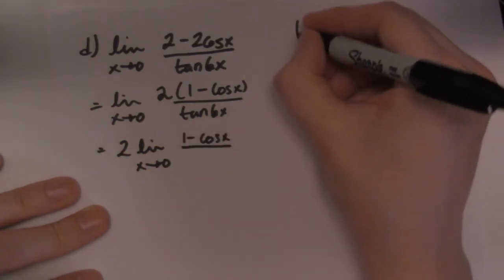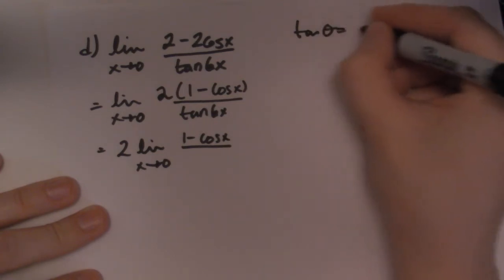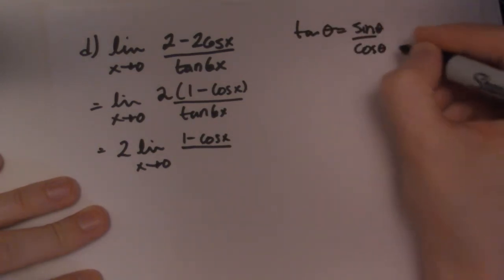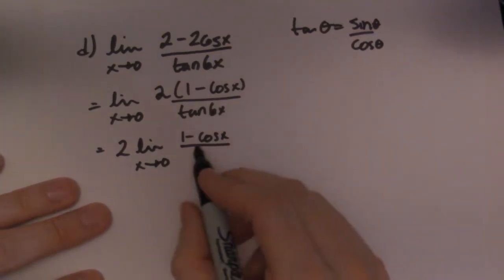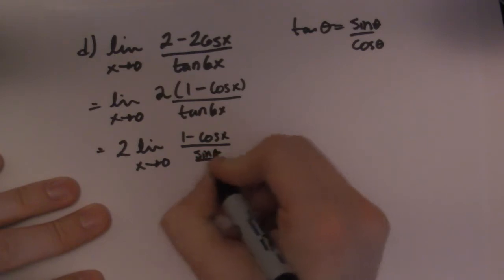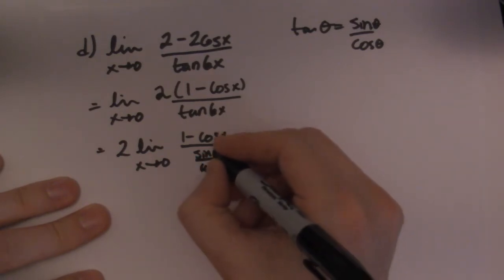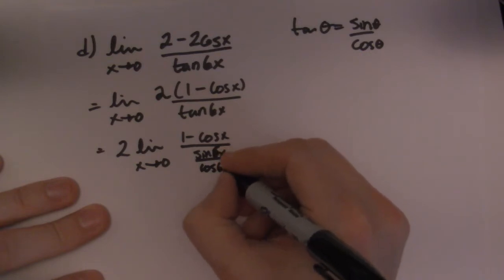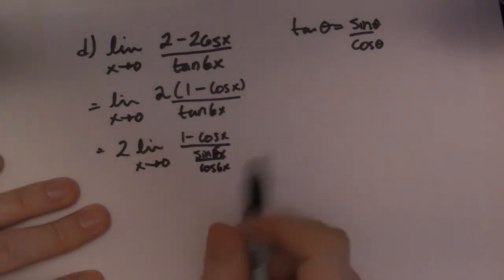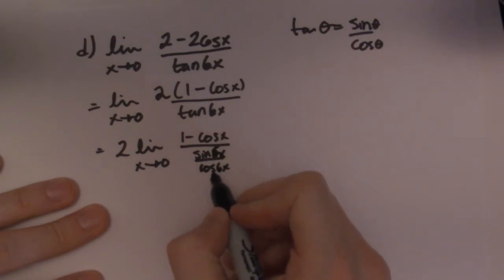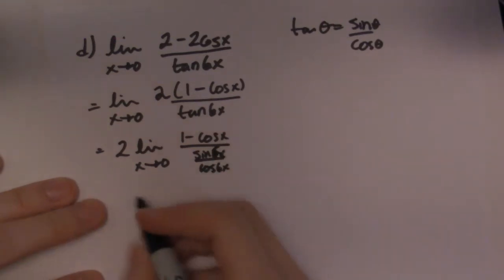Now we know that tan theta is sine theta over cos theta. So I'm going to change this to sine 6x over cos 6x. So now I'm going to flip and multiply that. So my sine is on the bottom, and my cos 6x goes to the top.